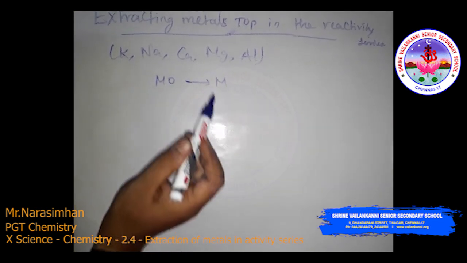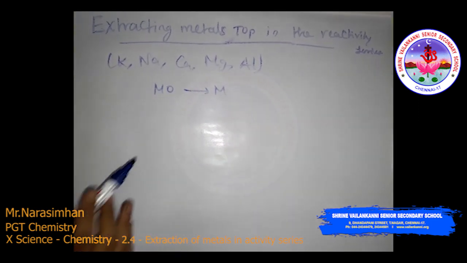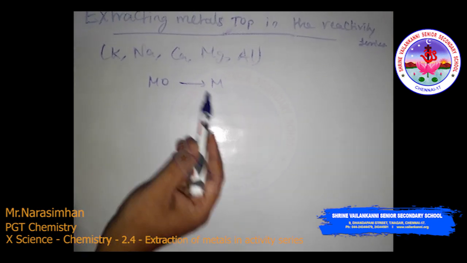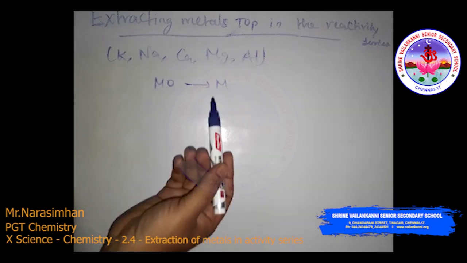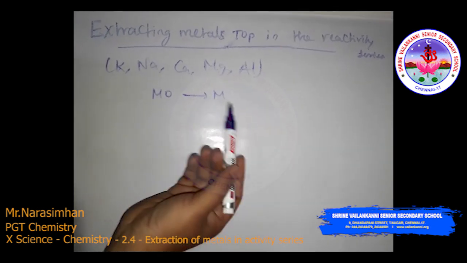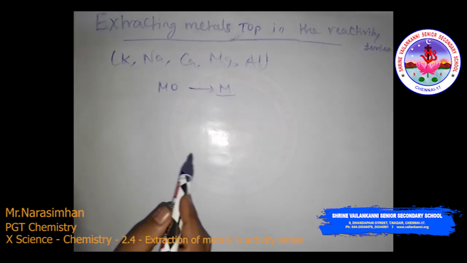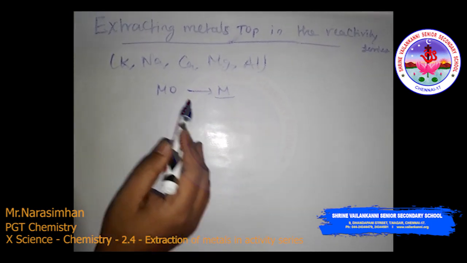You can use reducing agents only for the middle of the reactivity series. For the top of the reactivity series, the highly reactive elements, you cannot use a reducing agent, because you cannot get a proper result, that is a proper metal. That's why we are using the electrolytic process.